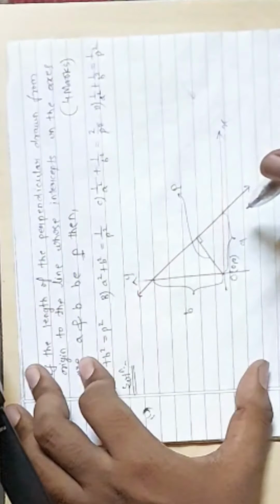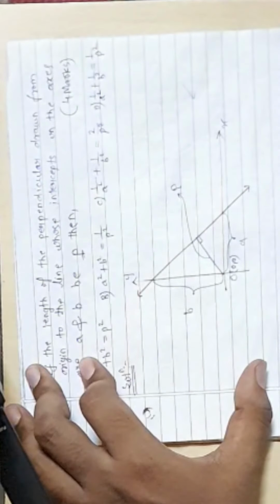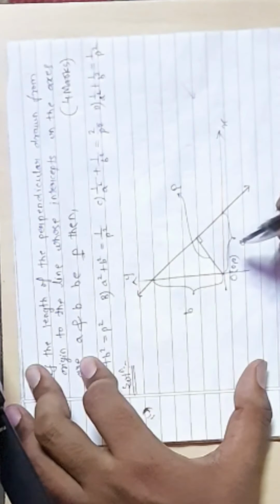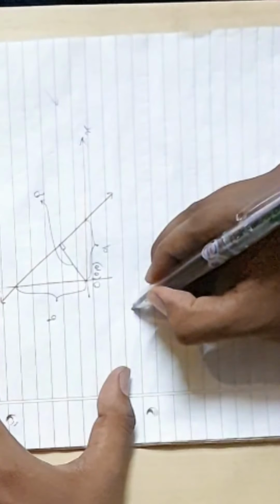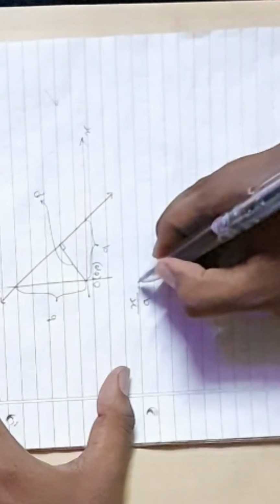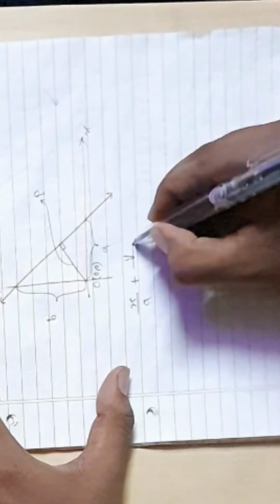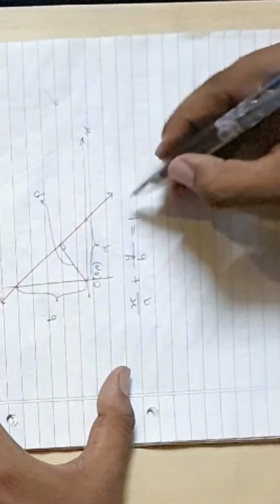If a line intercepts on the axes, its equation is given by the double intercept form. Here the intercepts are A and B, so the equation is x upon A plus y upon B is equal to 1. This is the equation of this line.